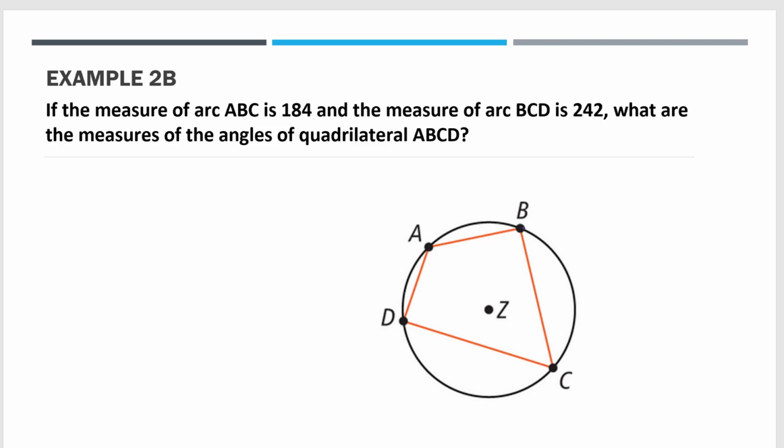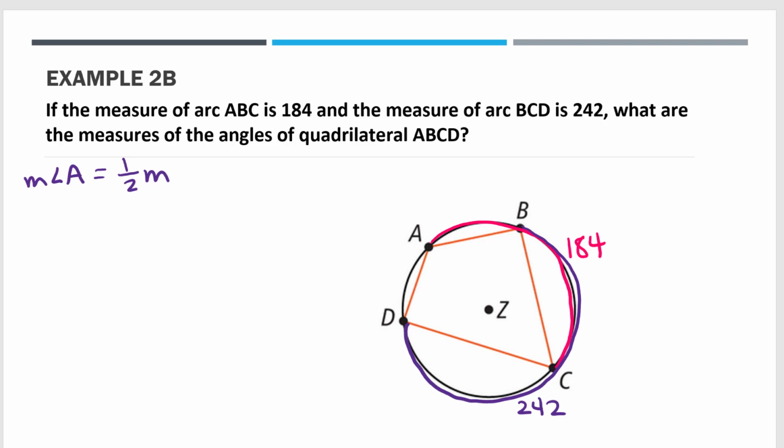In example 2b, if the measure of arc ABC is 184 and the measure of arc BCD is 242, what are the measures of the angles of the quadrilateral ABCD? So we can start by finding the measure of angle A, because that's going to be half of arc BCD, and that's given to us in the question.